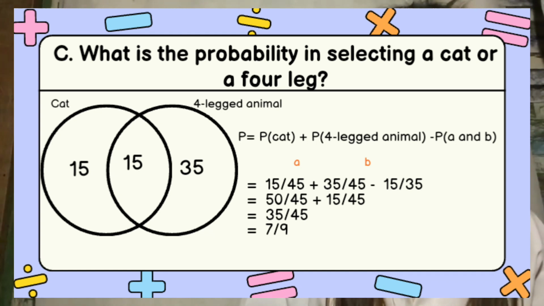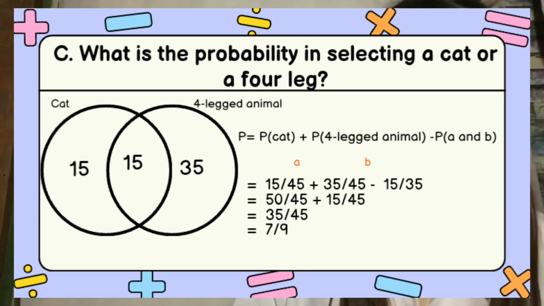In order to understand easier, we have a Venn diagram here. The total number of cats is 15, and in order to get the total number of four-legged animals, we are going to add the total number of dogs and cats, 20 plus 15, that is why it is 35. We are going to put 15 in the middle since it's their similarities.